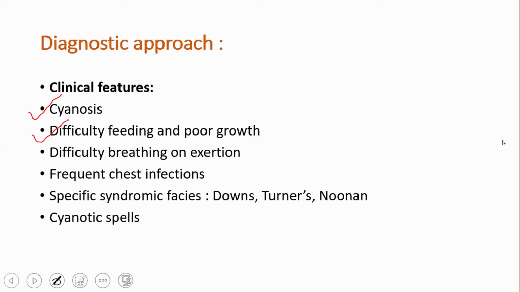When there is difficulty feeding, most of the time weight gain is not good. So any baby with poor weight gain, you always look out for congenital heart disease. That is very important. The first feature with which a newborn or infant usually presents with congenital heart disease is poor growth or poor weight gain.